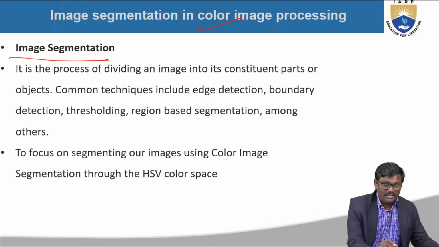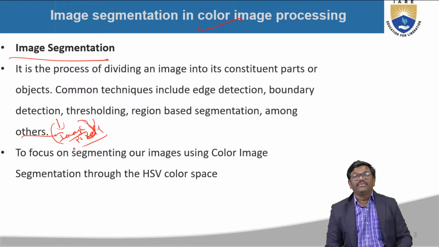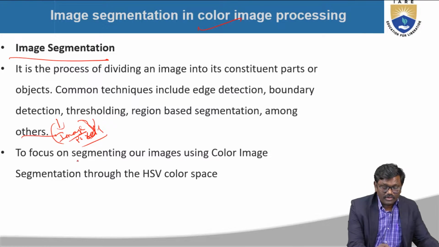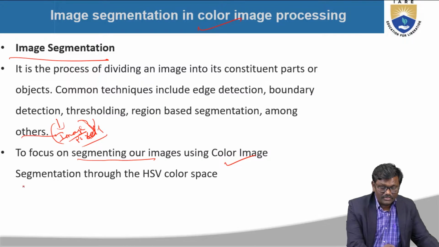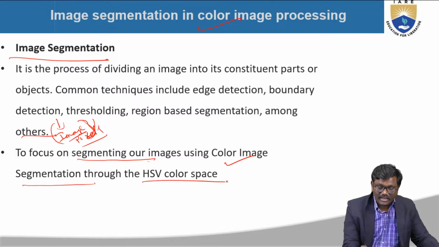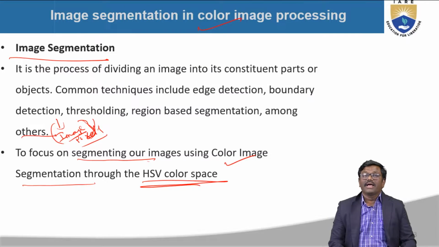Pixel values are compared with the neighborhood values. So we focus on segmenting our image using color image segmentation through the HSV color space, which is one of the color models.